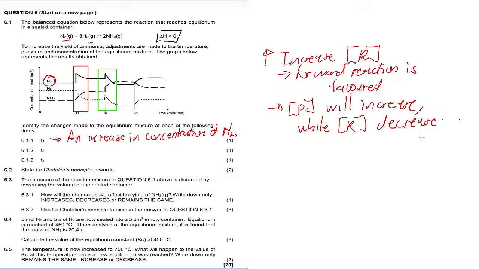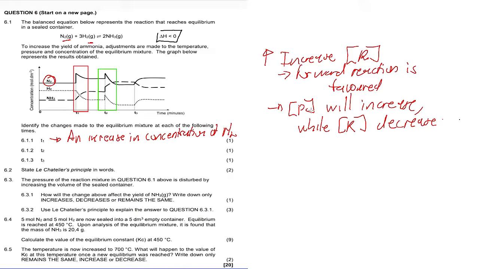The effect that would have been tampered with here, so that we see those results, would obviously have to be pressure, right? So we would say the pressure of the system has been tampered with. So now the question is, was the pressure increased or decreased? A spike up means that the pressure of the system was increased.